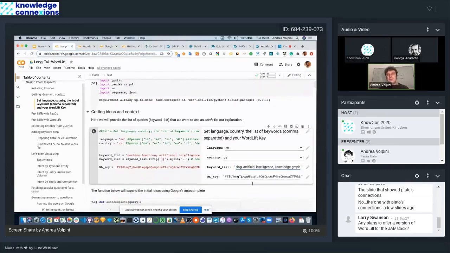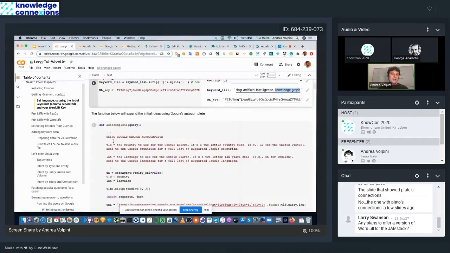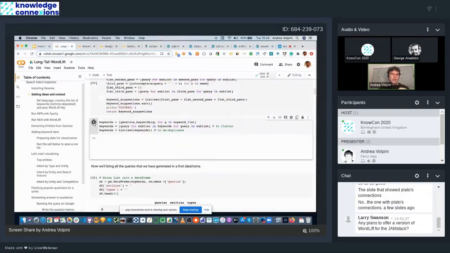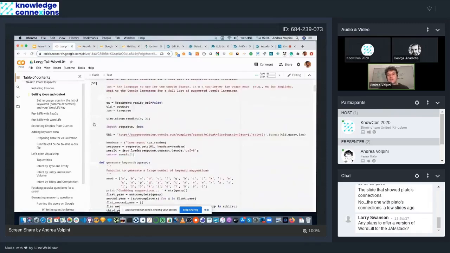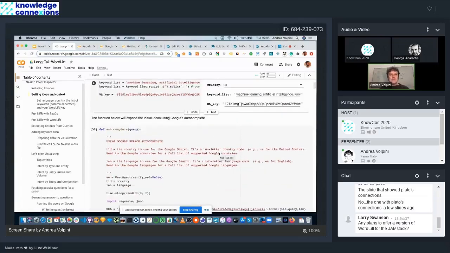As you can see here, I've added machine learning, artificial intelligence, and knowledge graph. And here, as we will see in the next session, we tap into a specific country, which in this case is the US, and a specific language, and then we use this snippet of code, this function, in order to explore the suggestions coming from Google Autocomplete.